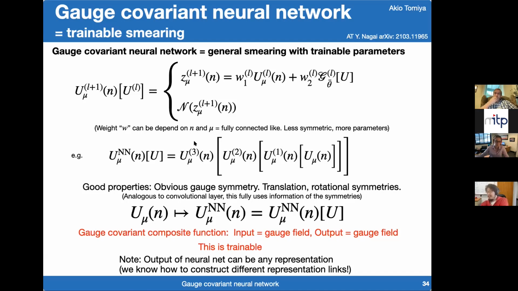This transformation has good properties. Obviously, it is gauge covariant, translationally equivariant and rotationally equivariant. It makes a map from gauge field to gauge field. And this is trainable, which is important. This W and W2 can be determined in the training.